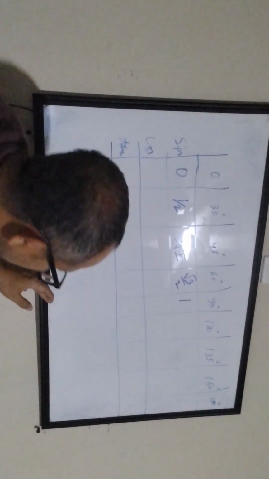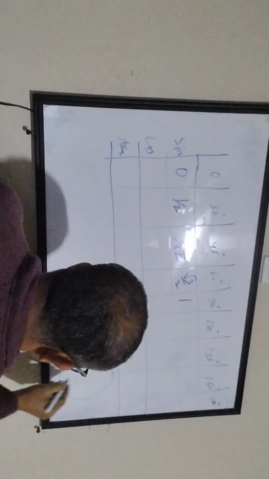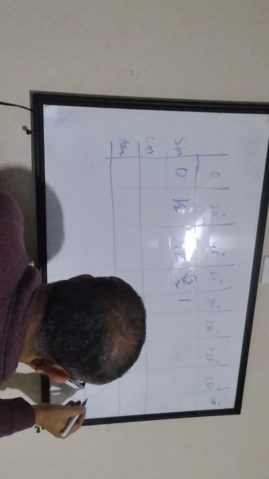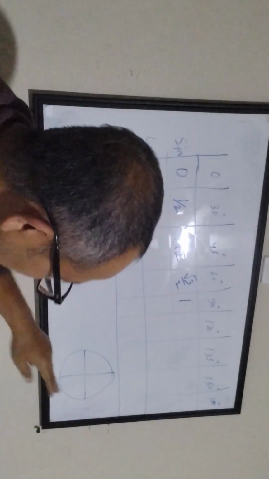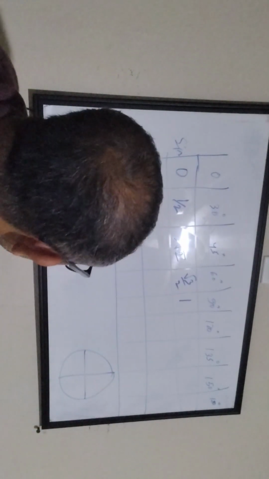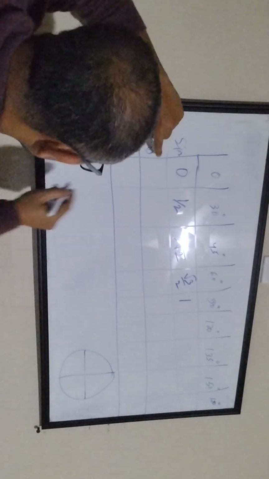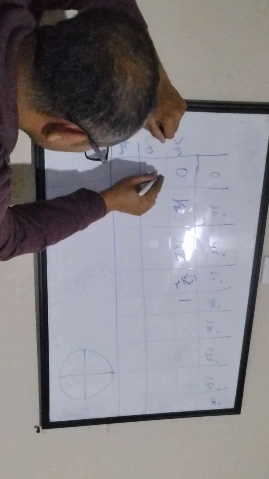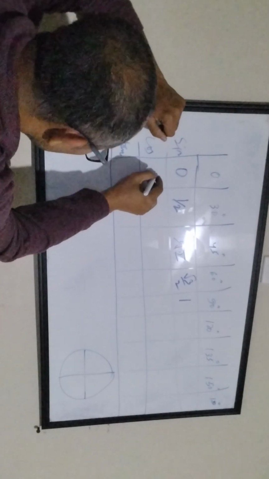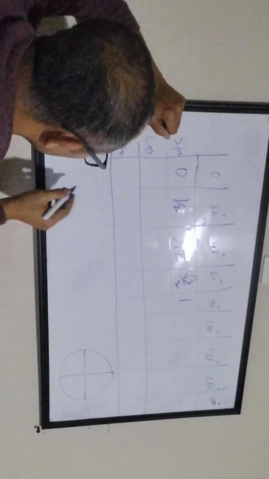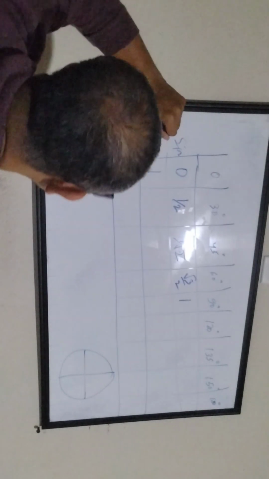So let me make a circle here. I'm just keeping this for your reference. Now cos of 0 degree, how much is it, Ishwari? 1. How about cos of 30 degree, Rehan?